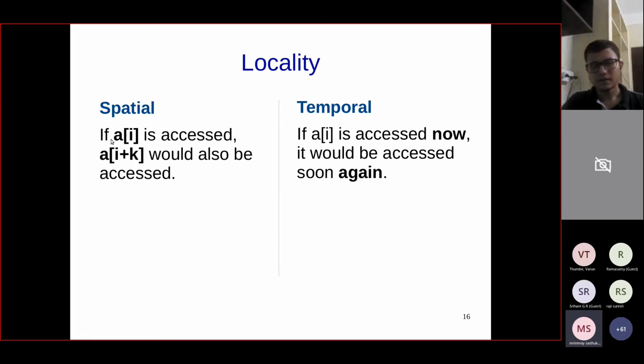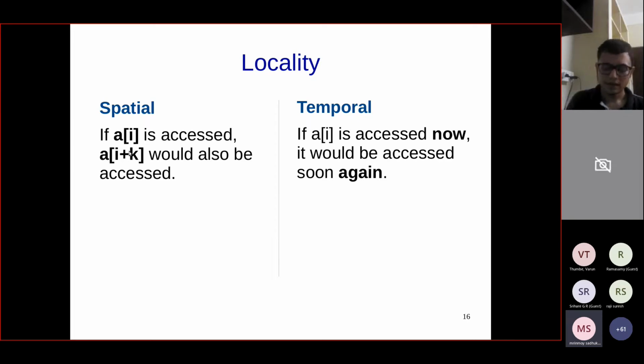Spatial locality tells us that let's say I have an array and I have accessed its ith memory location at a particular point in time. Then it is likely that I'll also access some (i plus k)th memory location, where k is some constant number, let's say 10 or something.